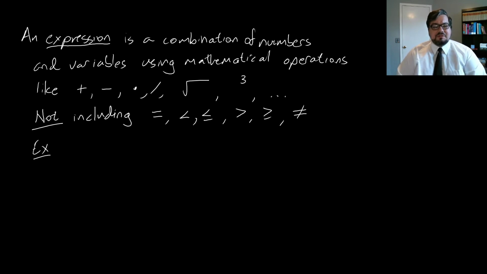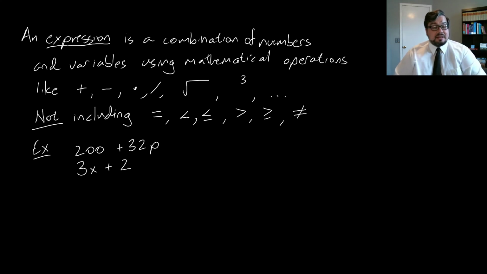So examples of expressions would be something like the 200 plus 32p that we had before, something like 3x plus 2. We could go significantly more complicated with it and do something like x squared plus the square root of 3x plus 1/2, that whole thing divided by x to the fourth plus 1.